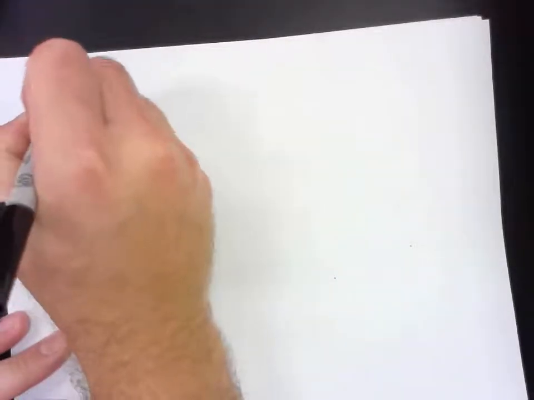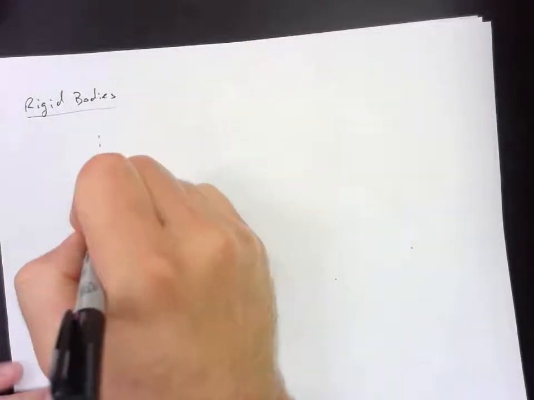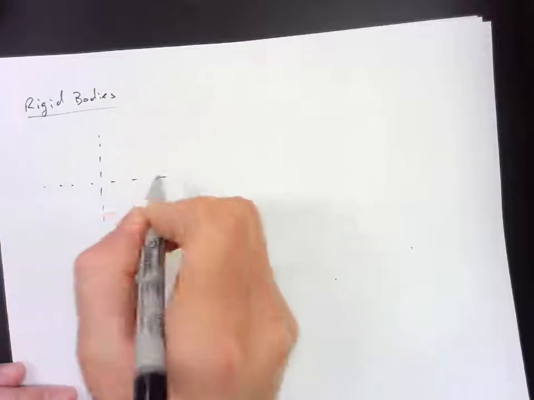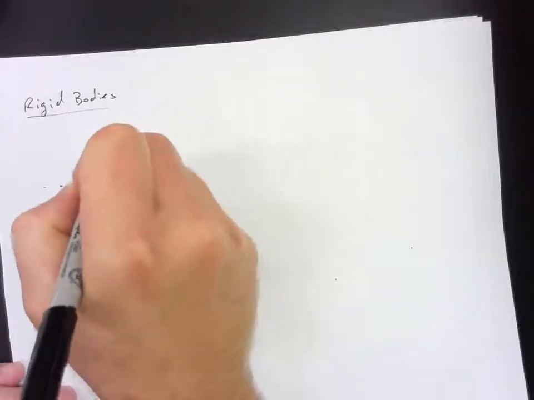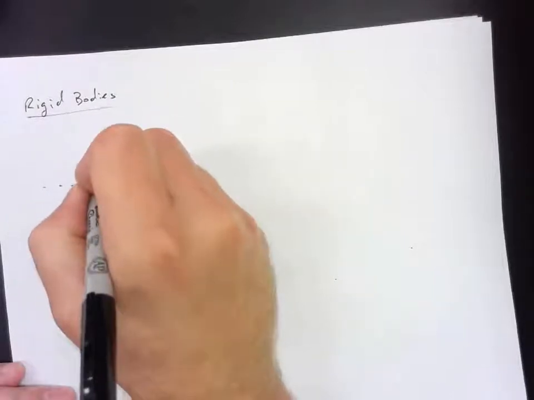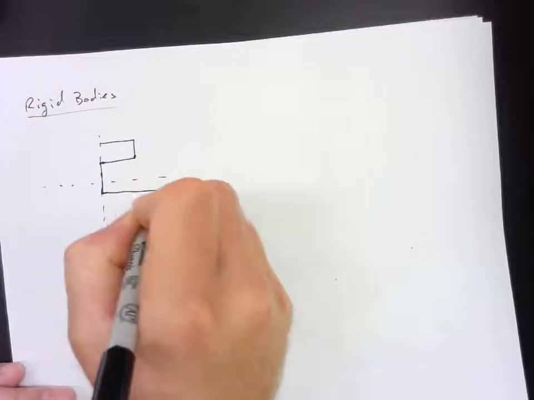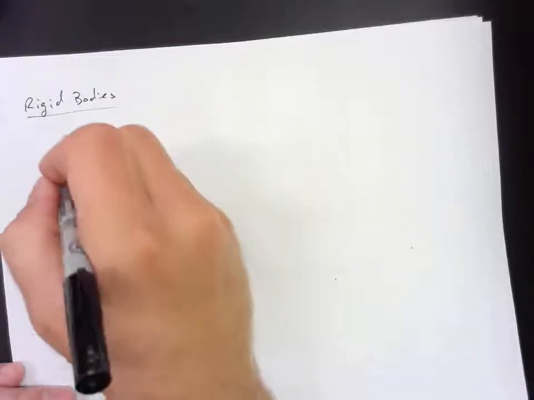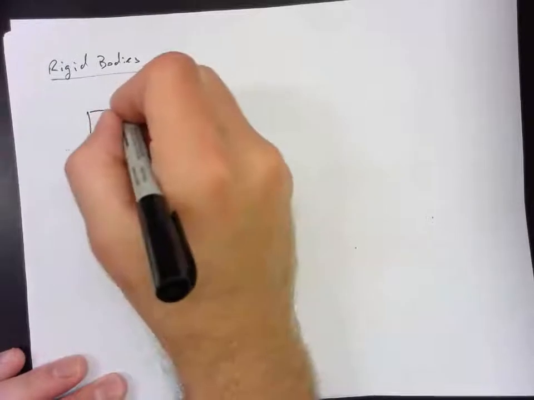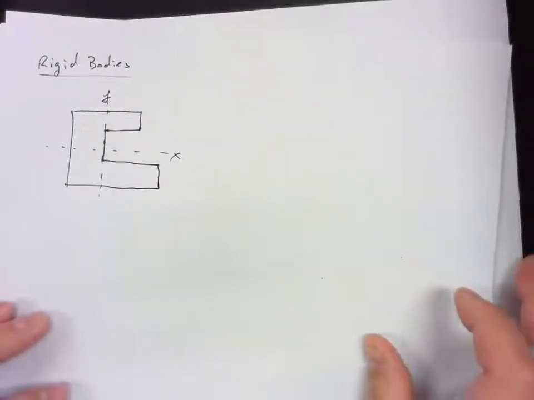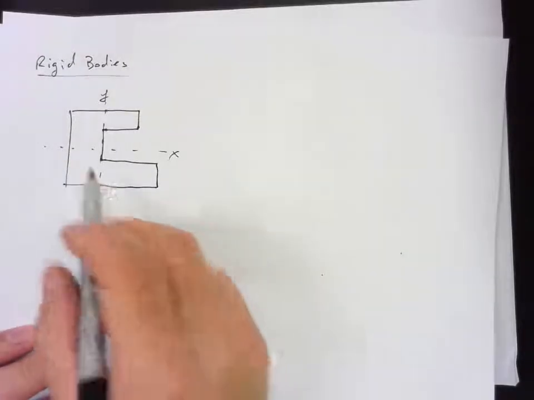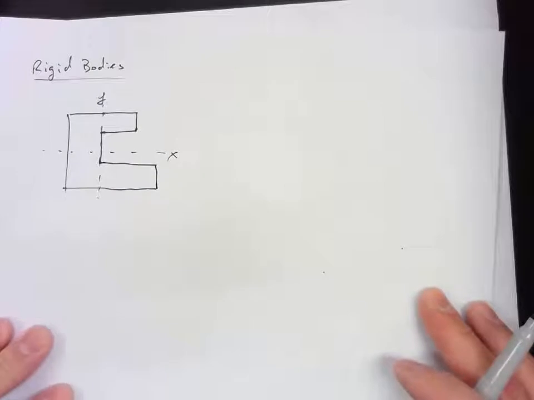If we have rigid bodies, where there's a constant distribution of mass, such as something like this, so if we had our x and y axes and some oddly shaped object like that, all right, there's an infinite number of particles in there, okay?